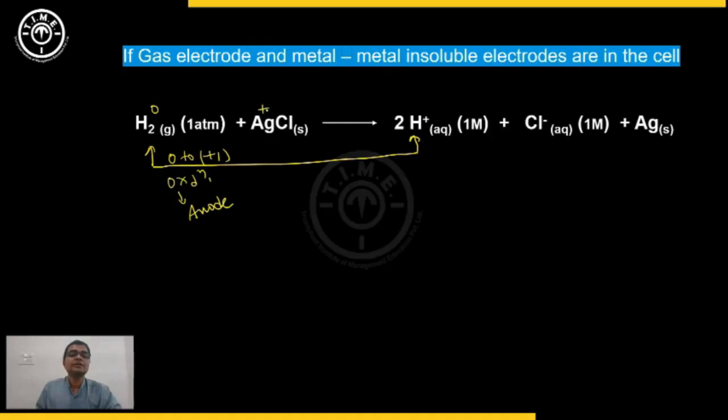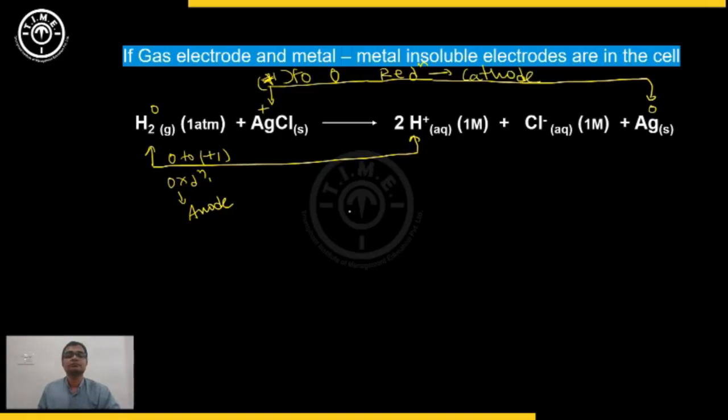Next, Ag+ ion is reduced to silver. So this one is called reduction. Here the oxidation state changes from +1 to 0. So decreasing of oxidation state is called reduction. Reduction takes place at the cathode.